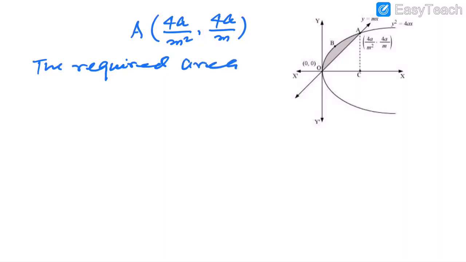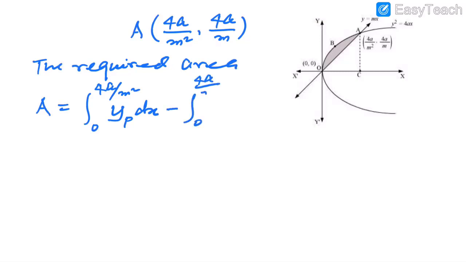So the required area is A is equal to the integral from 0 to 4a upon m square, the area under the parabola. So we take y from the parabola dx, and we don't need the area below this line, so we subtract. So write here the integral from 0 to 4a upon m square of y from this line dx.